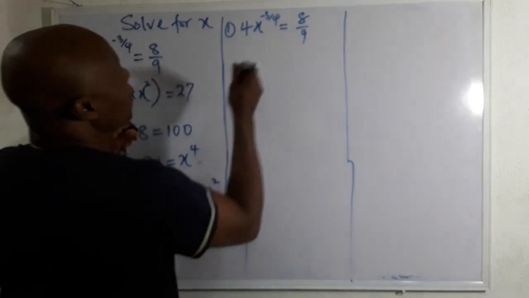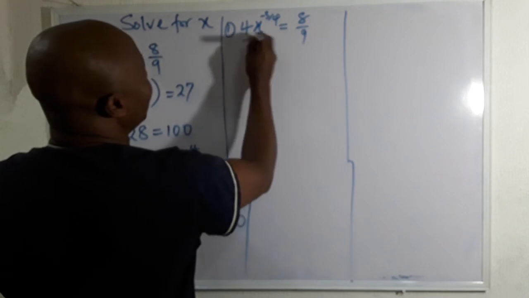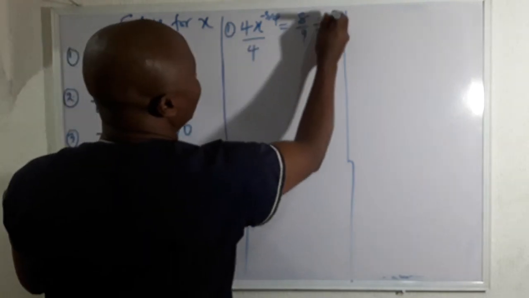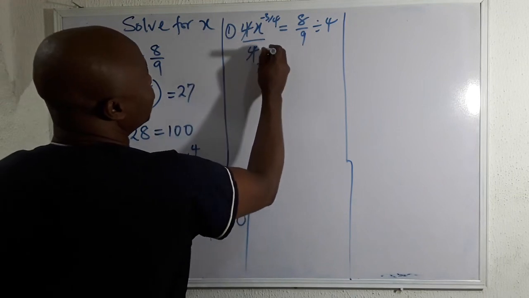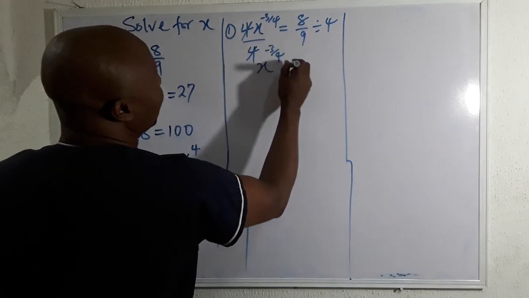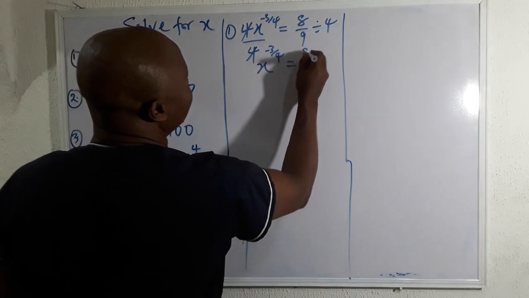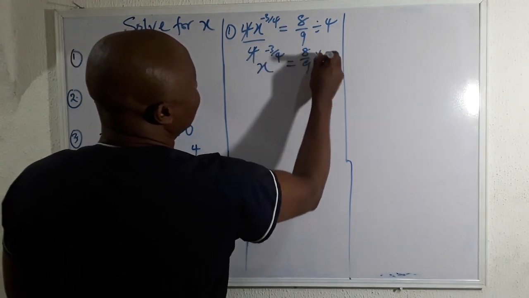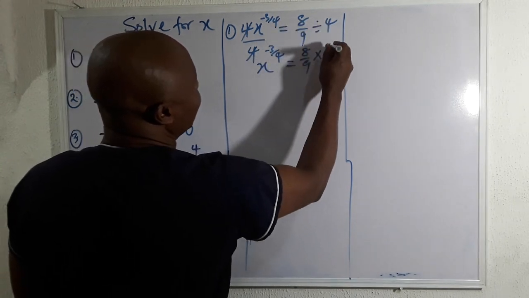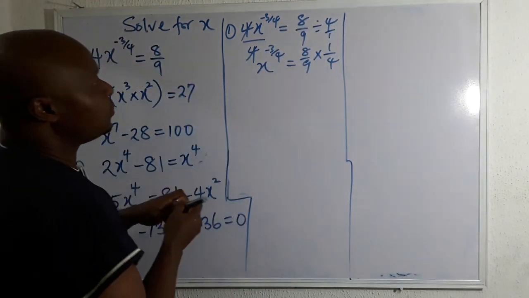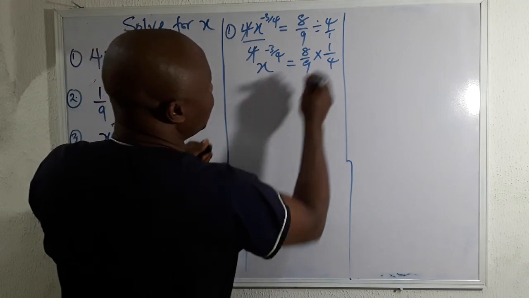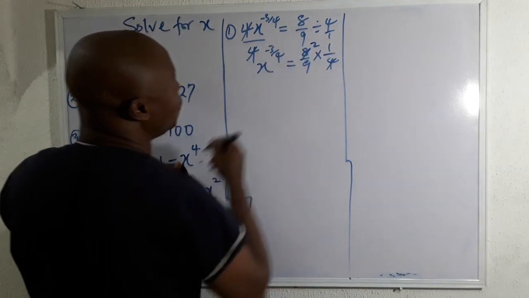We divide both sides by 4. That cancels out, so we have x raised to power minus 3 over 4 is equal to 8 over 9 divided by 4, which is 8 over 9 times 1 over 4. So 8 over 4 is 2.